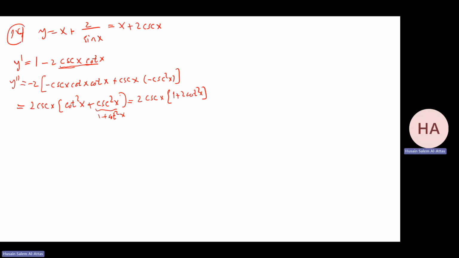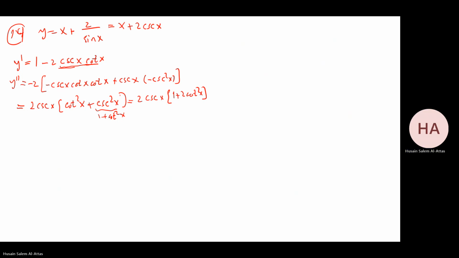Minus 2 times minus cosecant cotangent times cotangent plus cosecant, divided by cotangent minus cosecant squared. So I took cosecant outside with the minus sign, so I have cotangent squared plus cosecant squared.